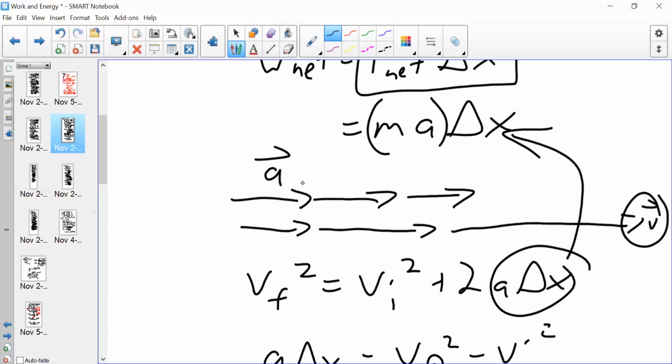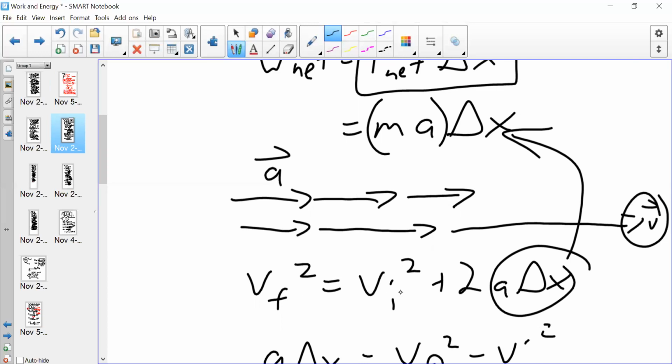Therefore, I'm accelerating it. So I can embed kinematics into this work equation to simplify this ma delta x equation. And the one kinematics equation that involves going from initial speed to final speed in our context here is the vf squared equation.